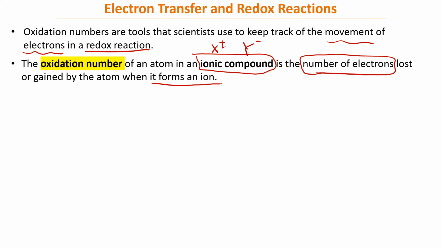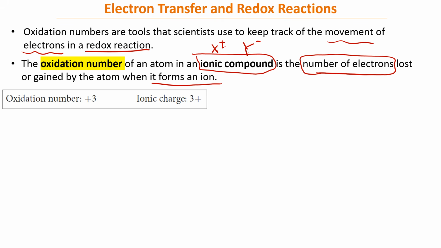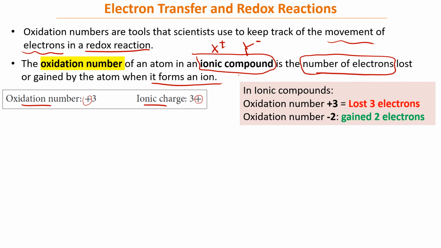Alright, this is what I said just now. So, in chemistry, the oxidation number, we write the sign on the left and the ionic charge is on the right. Okay, this is the difference.